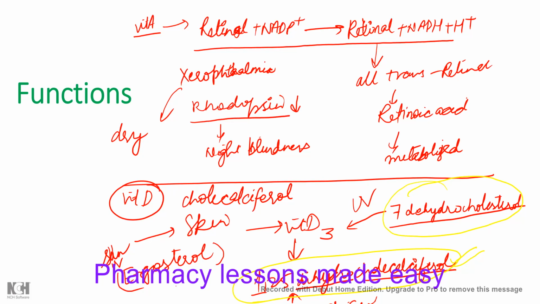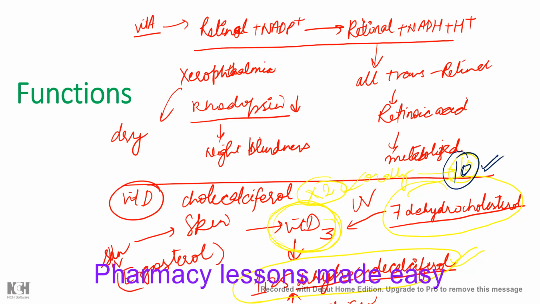So if we are supplying more through UV light, the level may become at the max two times. But if we orally give vitamin D, then it can become 10 times, right? So that way you can see this 10 times is comparatively better if we want to increase its level.